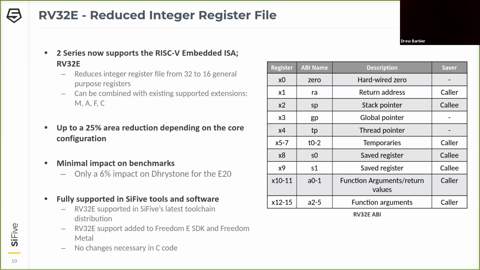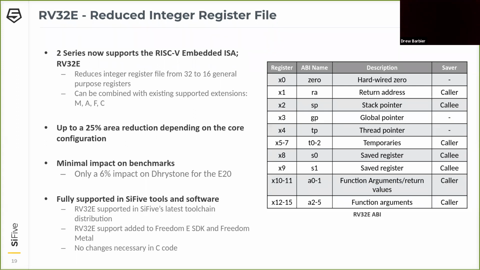This has an impact on area, which can be as significant as a 25% reduction, depending on the core configuration. If you configure the core to have floating point and other features, then reducing the register file will have a slightly smaller impact on the overall area reduction.